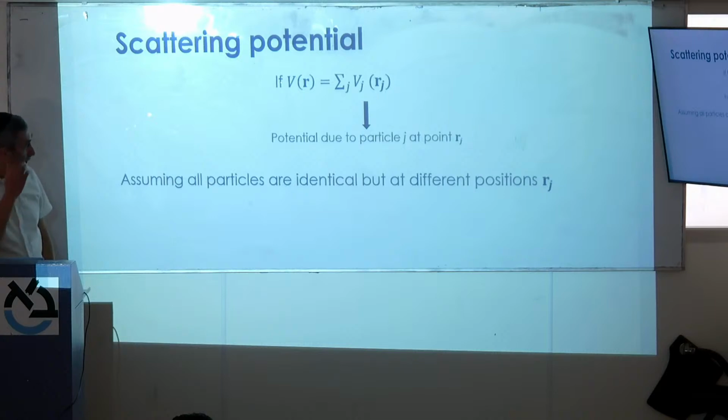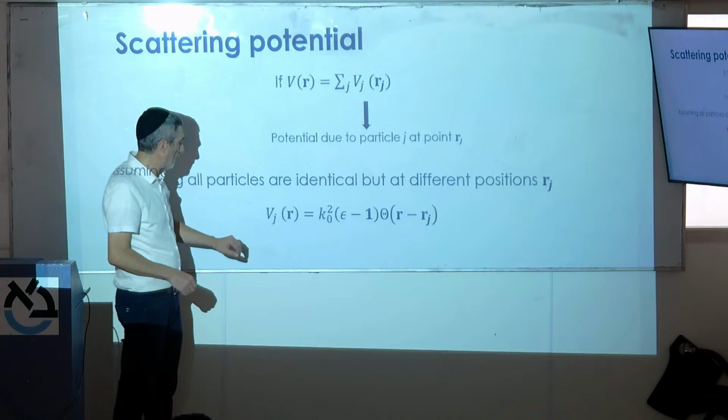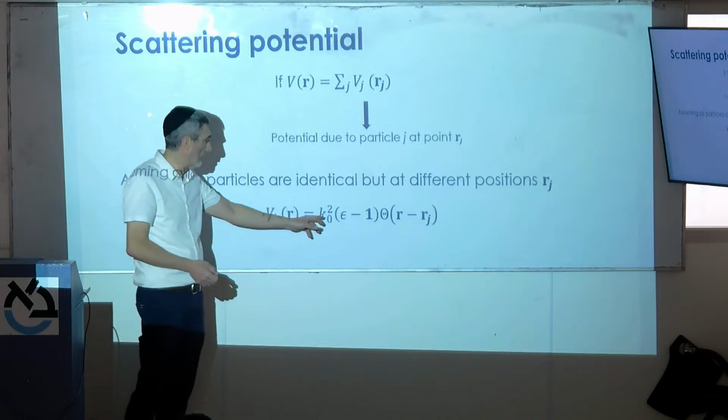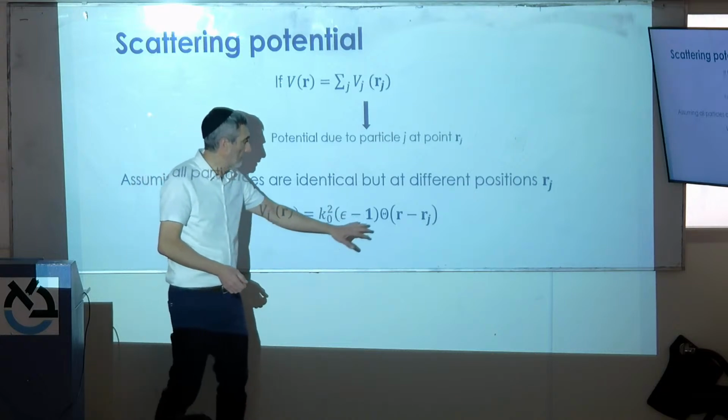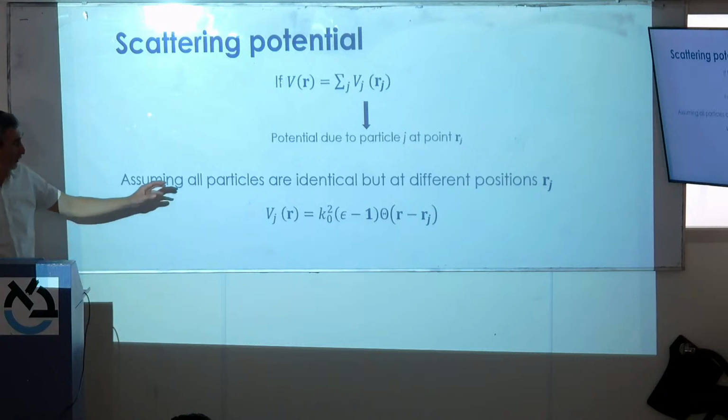If we assume that all particles are identical but at different positions, we can write the expression for Vj, for one particle: the potential will be k0 squared (epsilon minus 1) theta of r minus Rj, which is simply the function that tells you it's 1 when you are sitting at that position and 0 elsewhere.